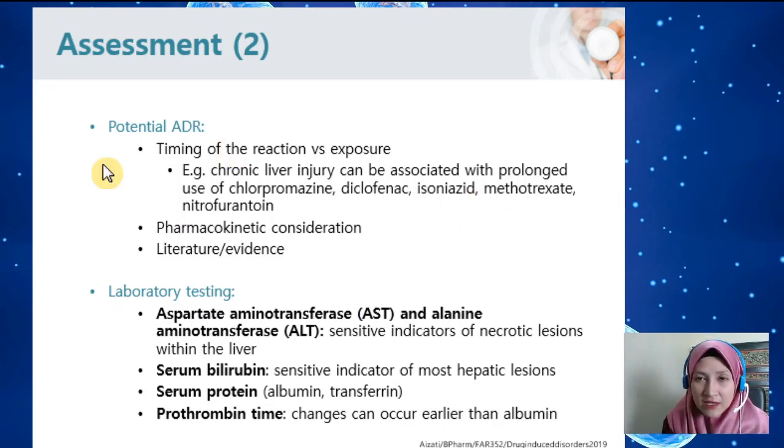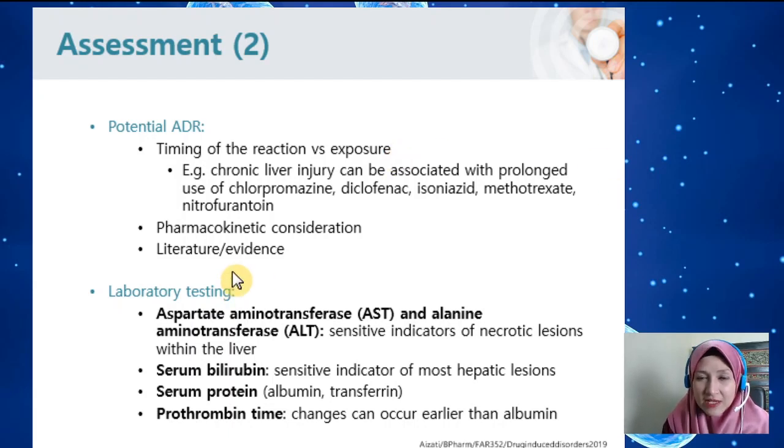And some of the points that you need to consider are the timing of the reaction versus the exposure, and also pharmacokinetic considerations of the patient, and also based on the literature or evidence. Are there any previous evidence showing that a certain drug is causing certain types of drug injury?